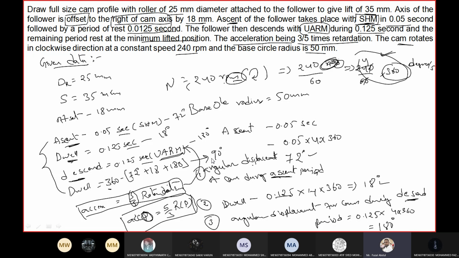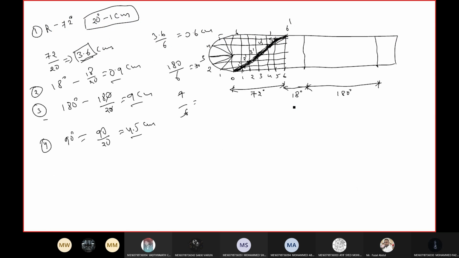The two periods are the ascent period and the descent period for this uniform acceleration and retardation. So we need to know those values first. In this period again we have two periods, the ascent period and the descent period. Those values we need to find out first.